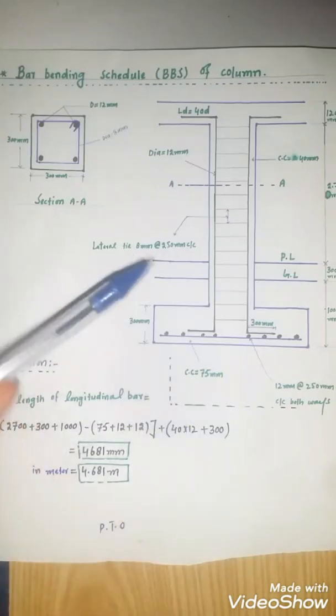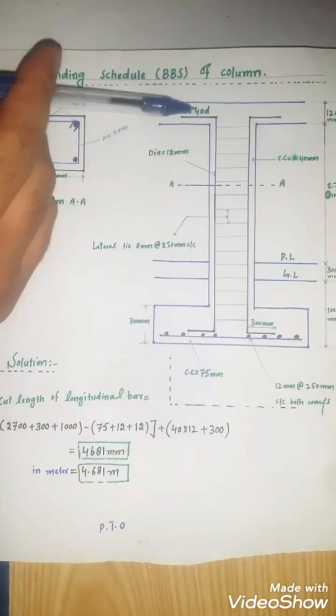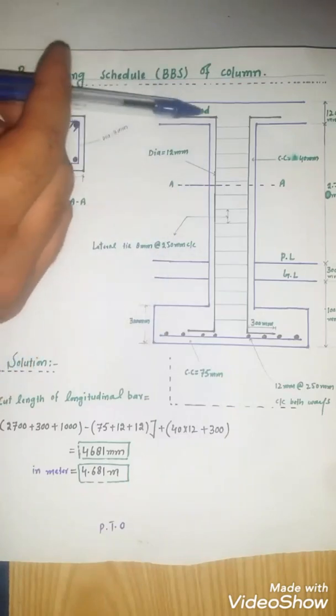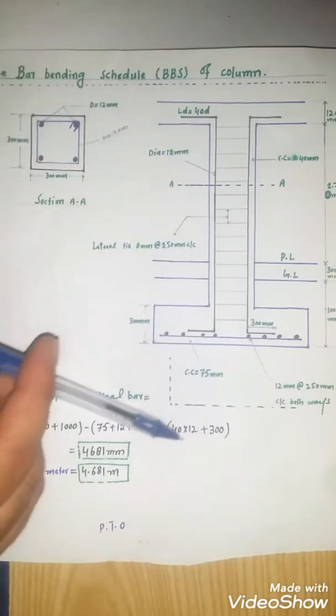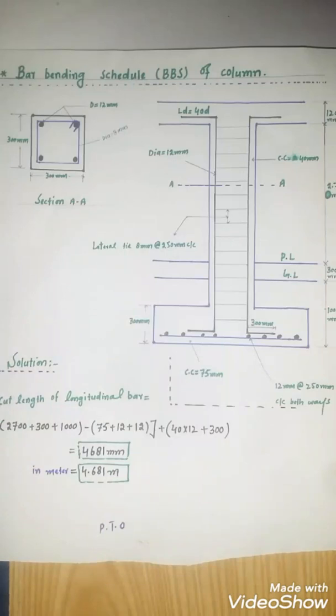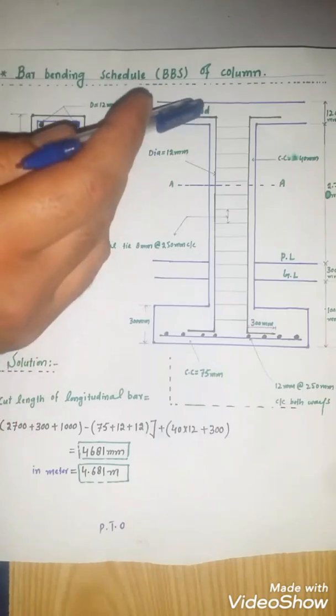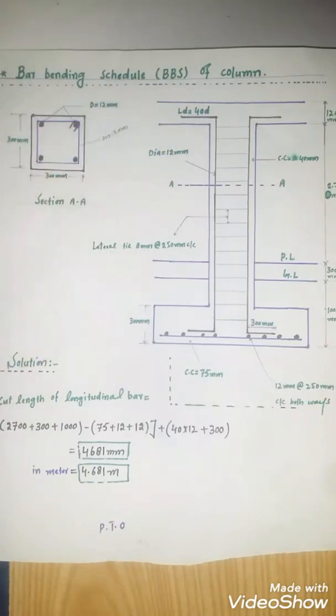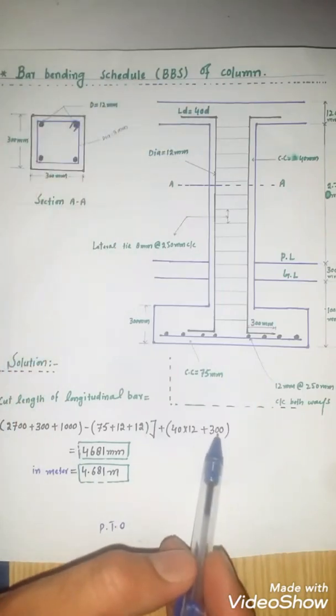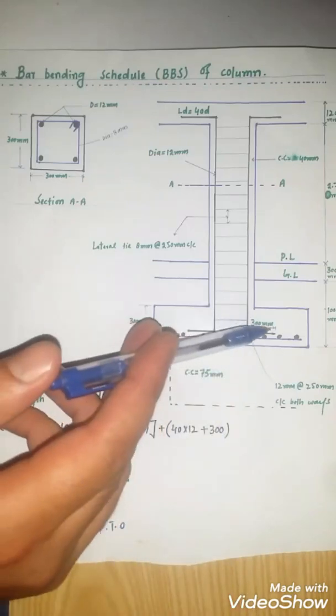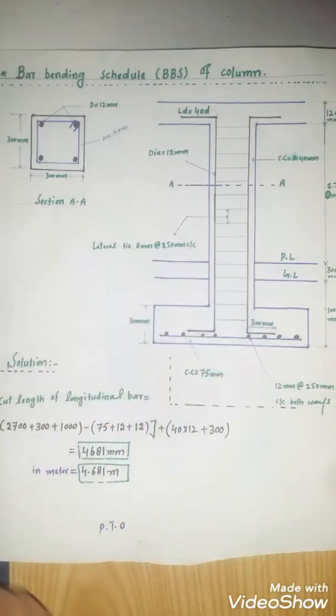Plus development length. Formula used is 40 into d. 40 is the value of the formula and d is the diameter of this bar, 12 millimeter. Plus 300. This is the hook length of this bar.